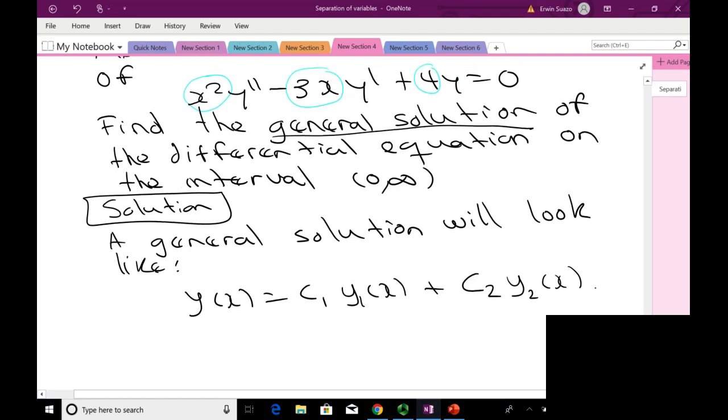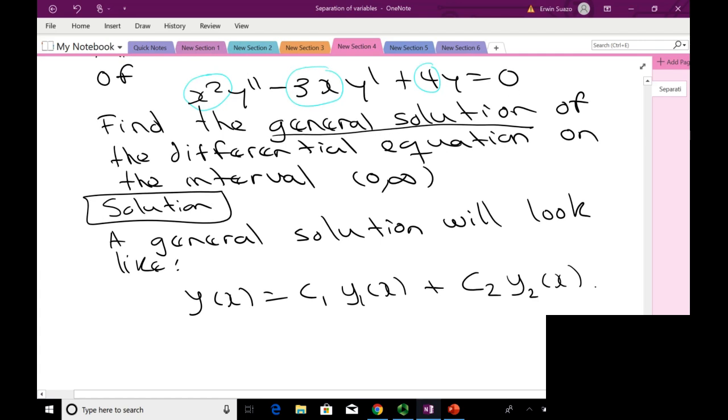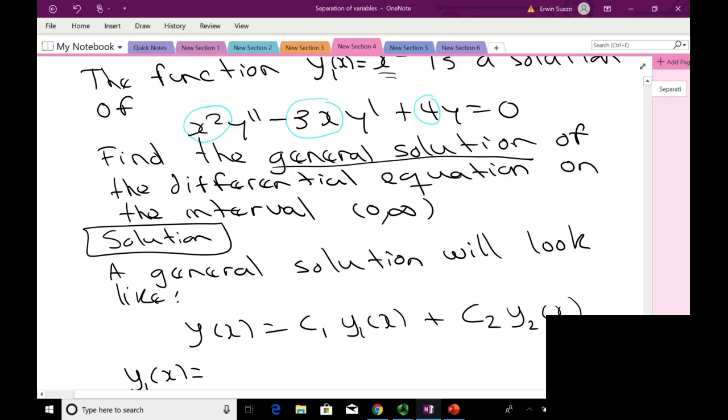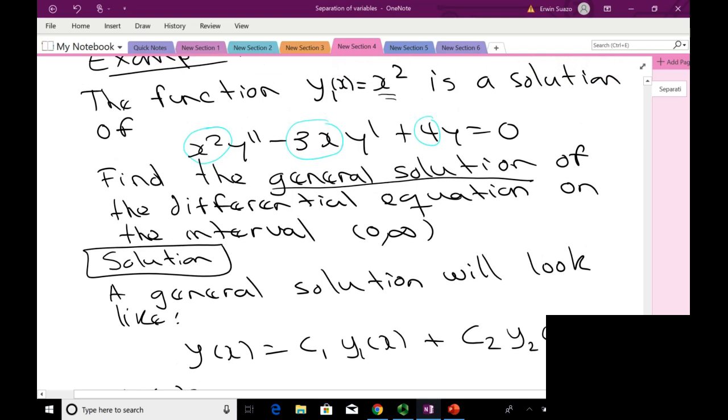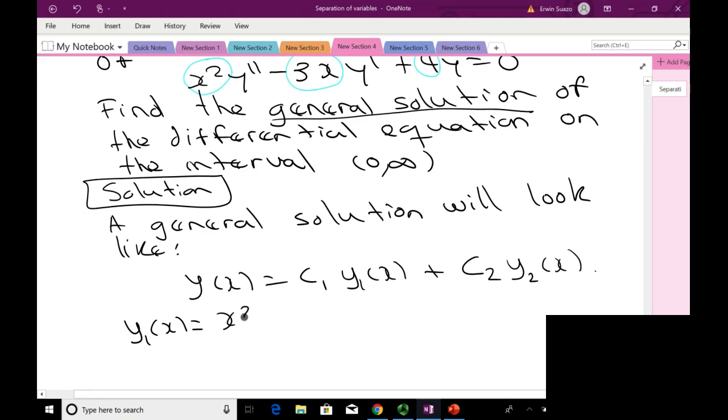We already know y1 of x. Over here, y1 of x equals x squared.